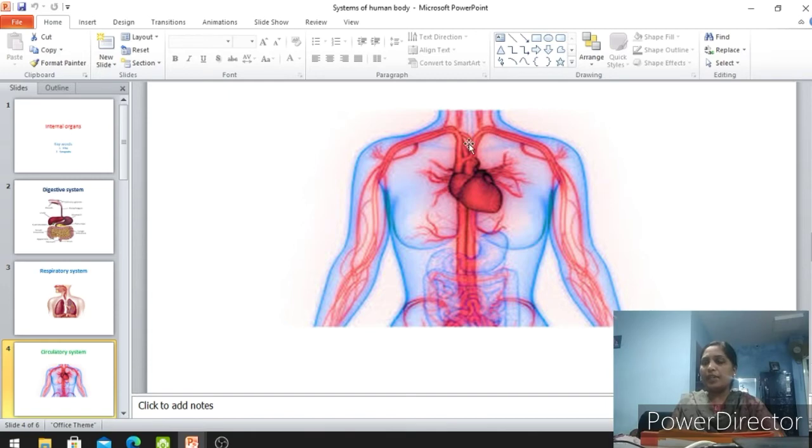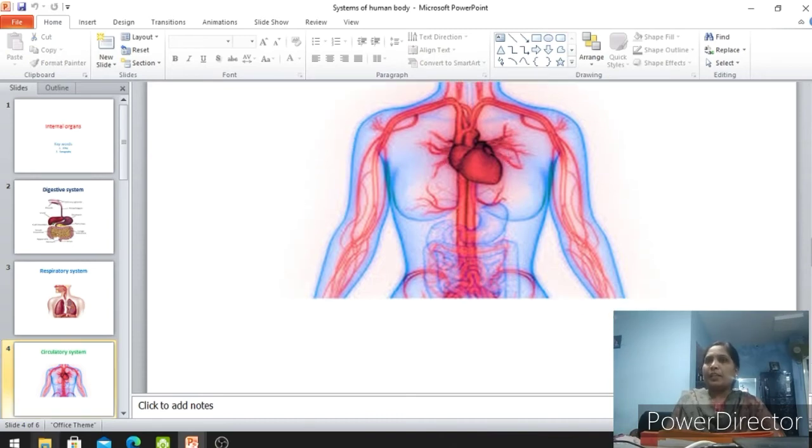So heart is one of the very important internal organs which pumps blood to all the parts of the body, and it helps to transport the oxygen and nutrients to each and every part of the body with the help of blood. So blood is carrying the food and oxygen to each and every cell of our body. To pump that blood, the heart is helping.